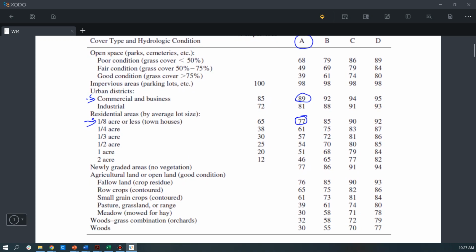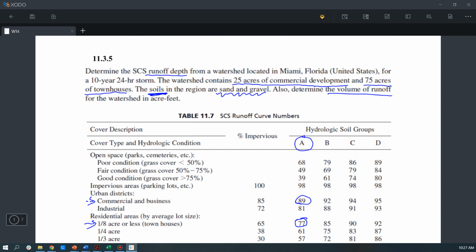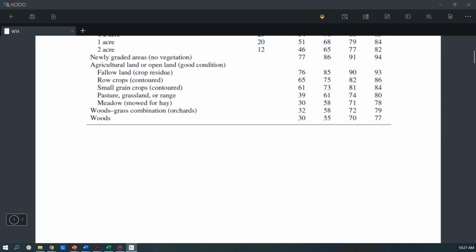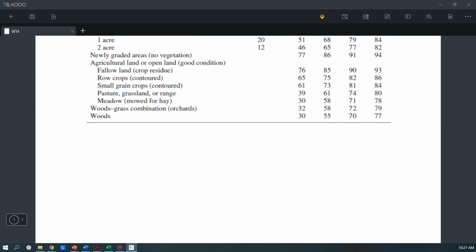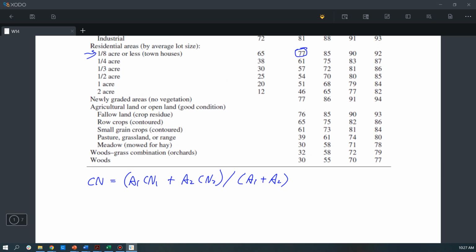Then we want to calculate the area weighted average for the representative CN number for this watershed. The CN of this watershed equals area 1 times CN 1 plus area 2 times CN 2, divided by the total area, area 1 plus area 2. And we plug in the numbers.